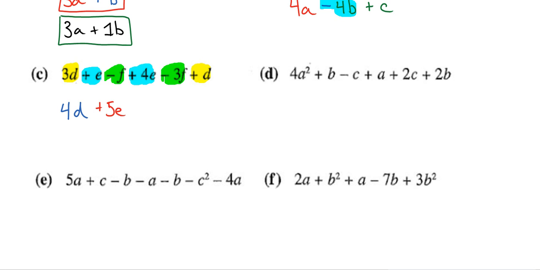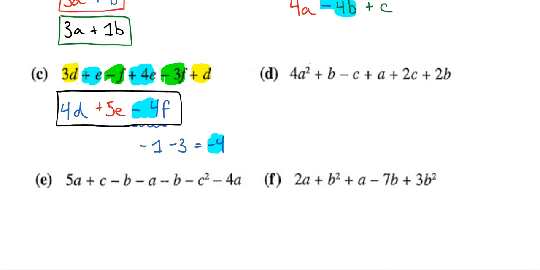So a negative number minus a positive number is going to give me a negative 4f. And this negative 4f is pretty much coming from negative 1 minus 3, which is negative 4. So there it is, there's my final answer for part C.